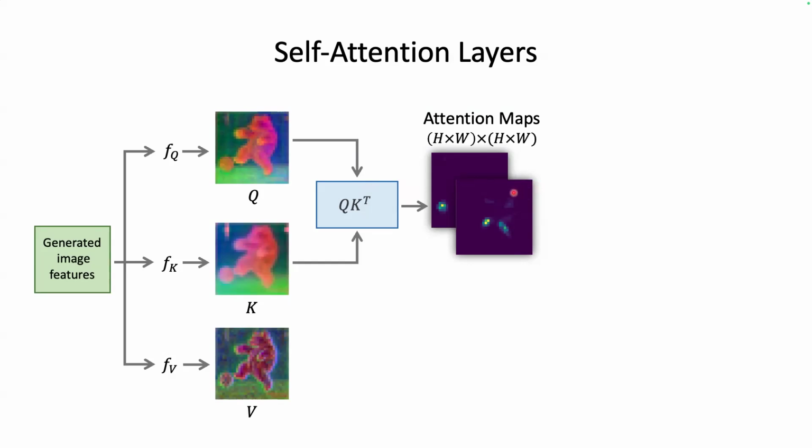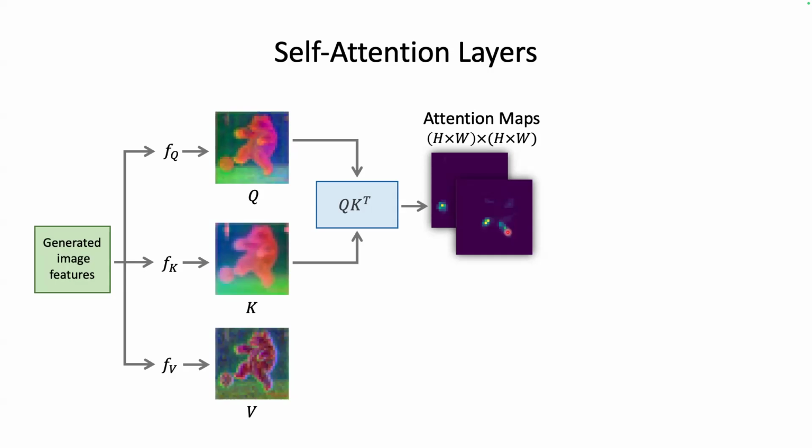For example, you can see here two attention maps corresponding to two different queries. In this map, the query is somewhere on the leg of the bear, so we see that the keys most similar to this query are the keys on the legs of the bear.